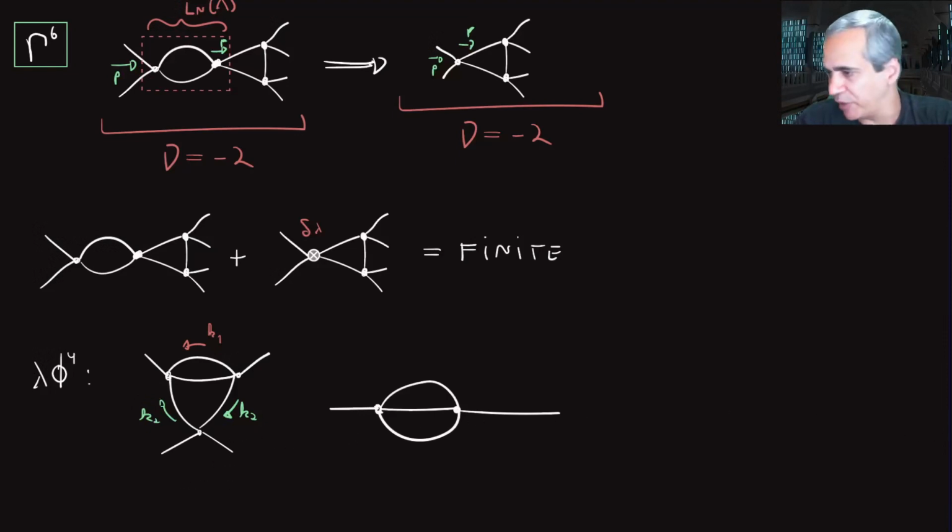But the main point I want to call attention to is that in this line, you have both these loop momenta going through. And that means that when you go to really high K1 and really high K2, I have to worry what happens when K1 is big and K2 is small, K2 is big and K1 small, and when both of them are big.